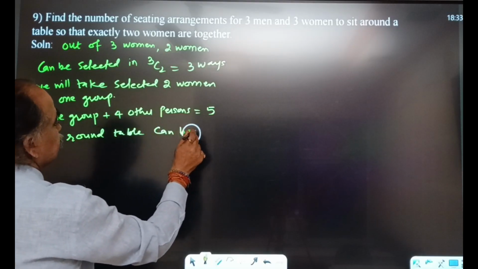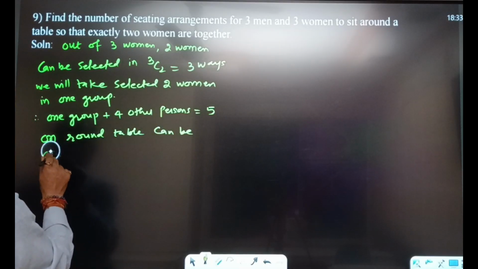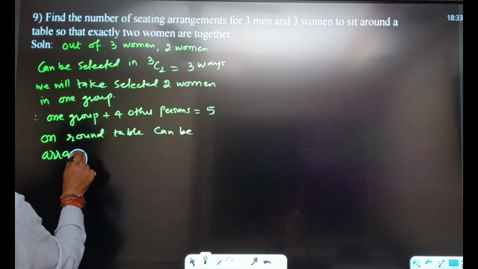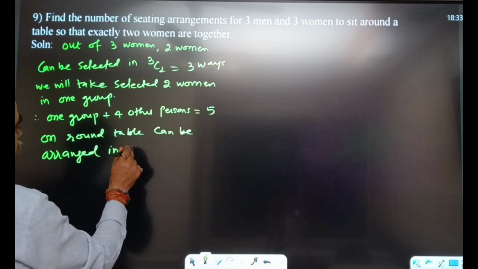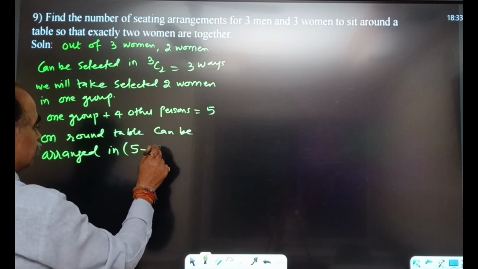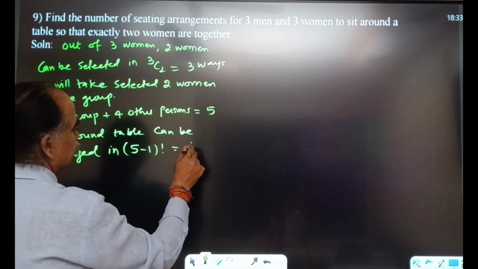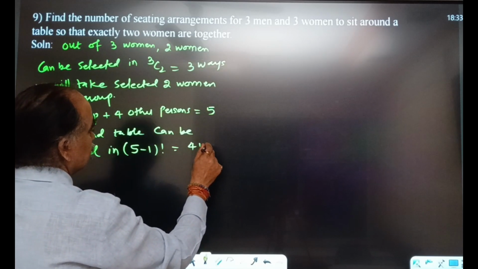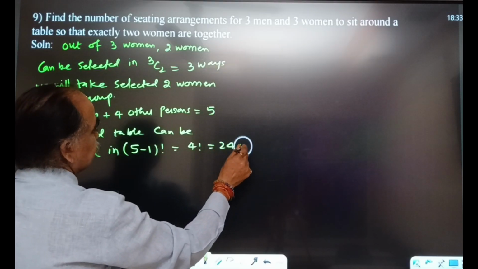Can be arranged in 5 minus 1 factorial, which is equal to 4 factorial, 24 ways.